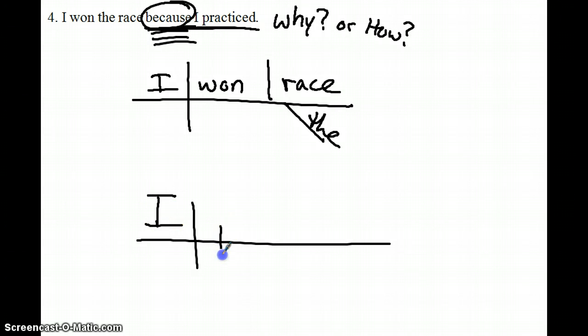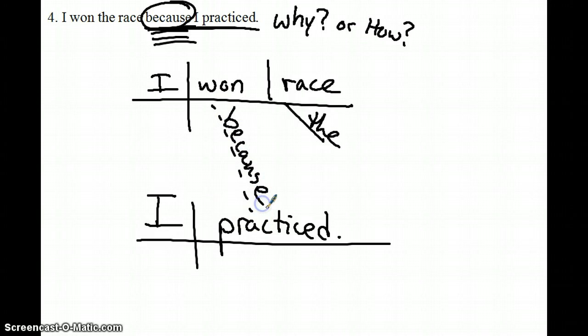I practiced, period. And we go from verb to verb, and we write our awubis word, the subordinate conjunction, on the dotted line. This is how we diagram adverbial clauses. Remember, they will start with one of these awubis words, which are subordinate conjunctions.